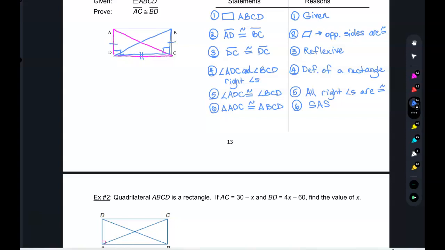Now we have the 2 triangles congruent. We can go with CPCTC to prove AC congruent to BD. Good. Any questions on that?